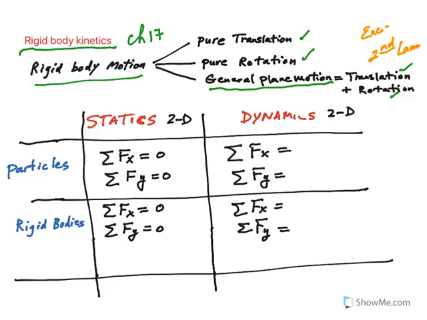The energy method. And then also the impulse and momentum approach. So these are different ways that we could solve kinetic problems. But in this particular video, I just want to concentrate only on the second law. So this is just the second law modified slightly to account for rotation.